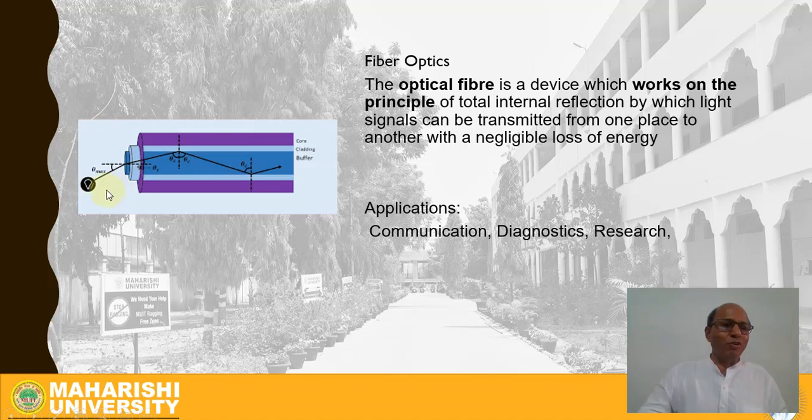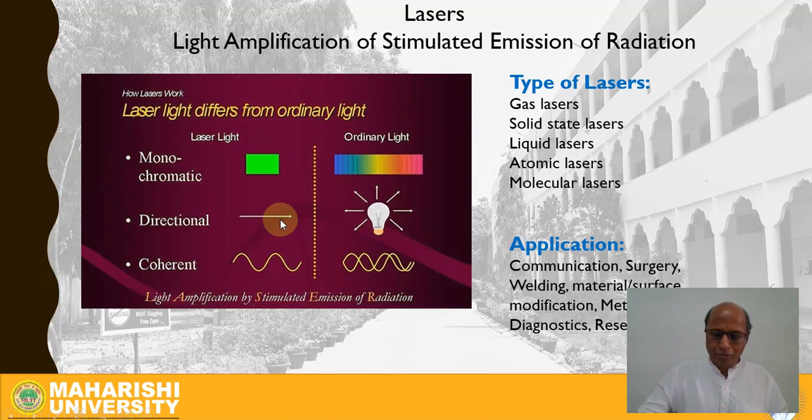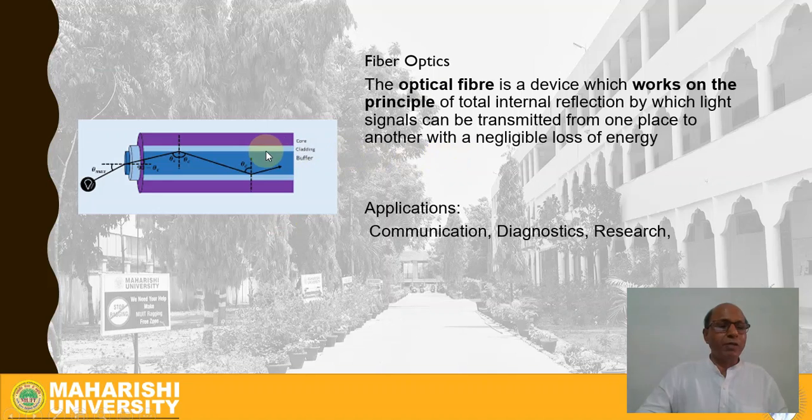So for example, if you have an optical source here, a laser beam is here, then the laser beam will pass through the optical fiber, and at the end it will illuminate the object where you are putting your optical fiber.